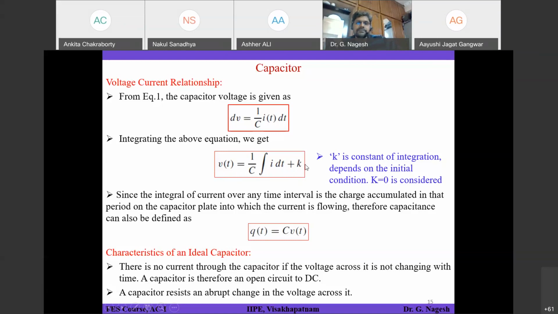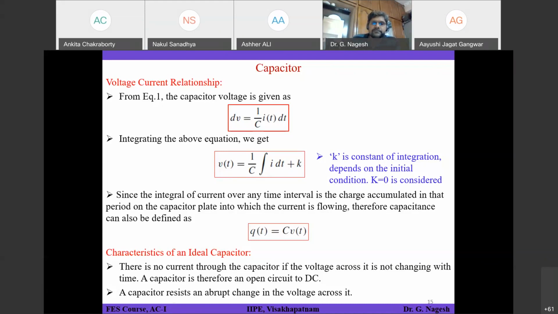If the initial conditions are 0, then k = 0. Initial condition means there is no charge previously present within your capacitor. That means you have bought a new capacitor which was free of charge, with no energy stored in it. At that instant, if you apply some amount of voltage, obviously some current will flow into it.